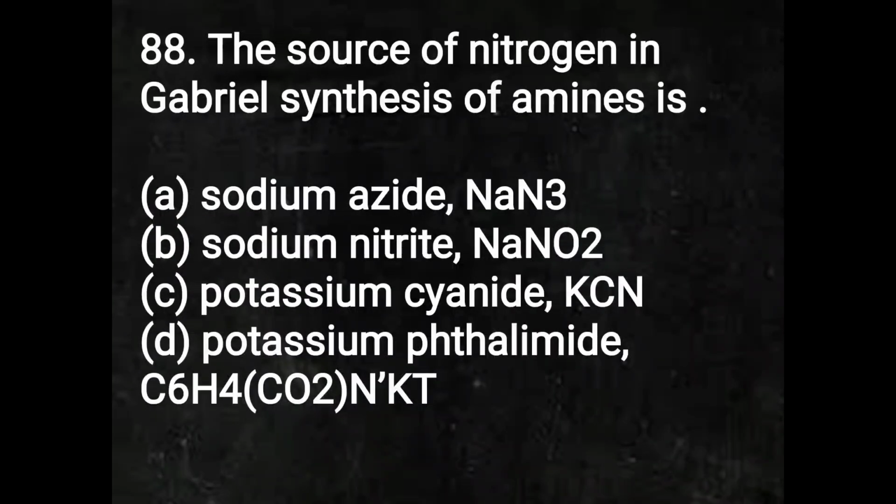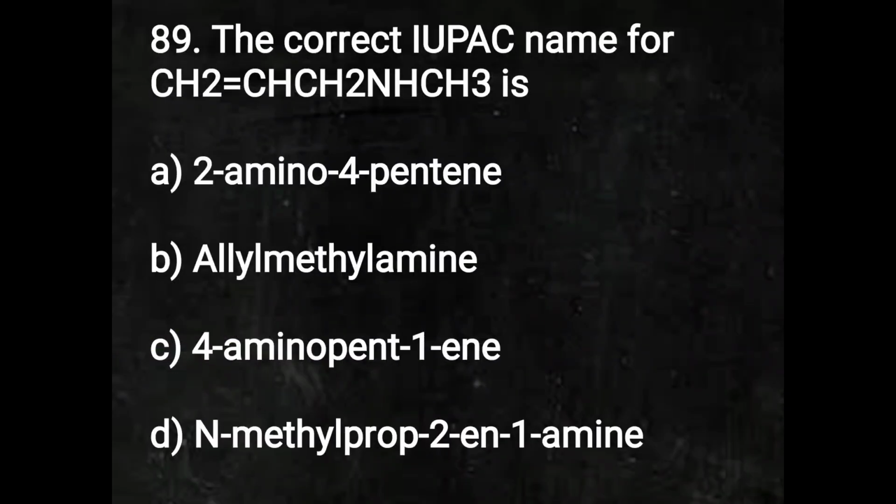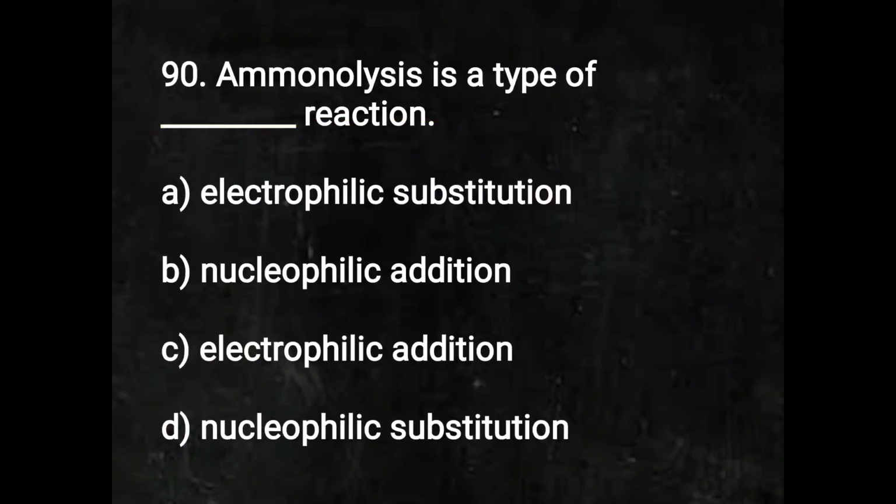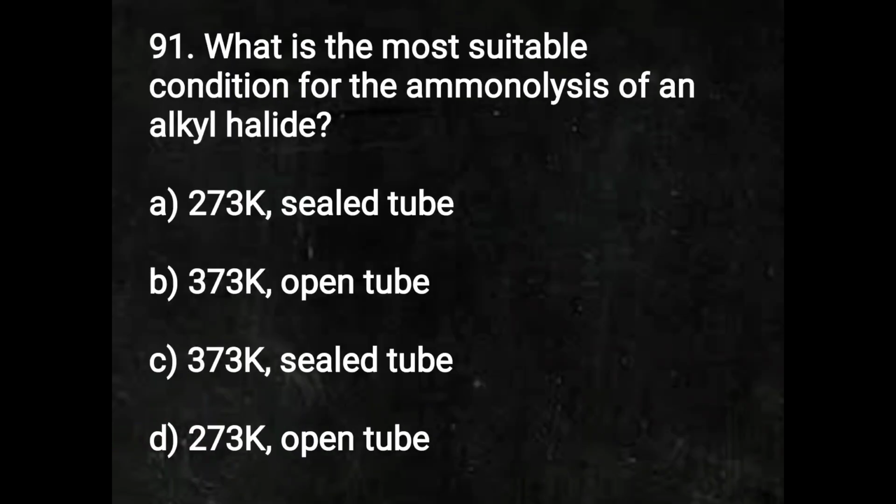The source of nitrogen in Gabriel synthesis of amine is option D. The correct IUPAC name for this compound is option D. Ammonolysis is a type of nucleophilic substitution reaction.